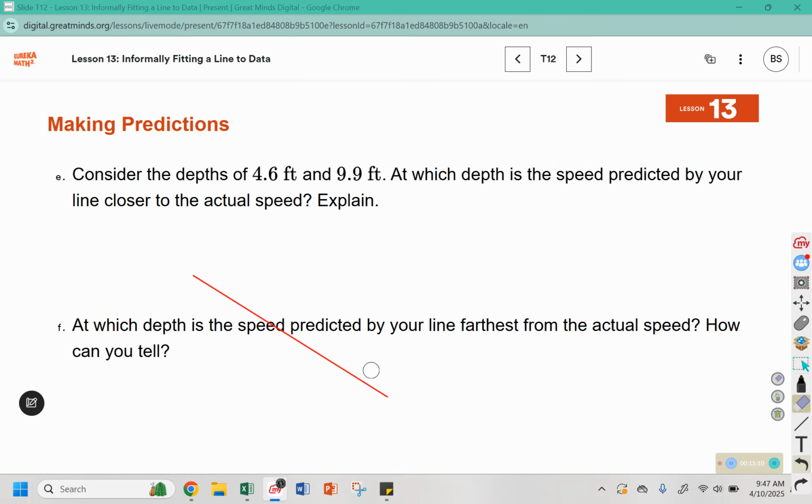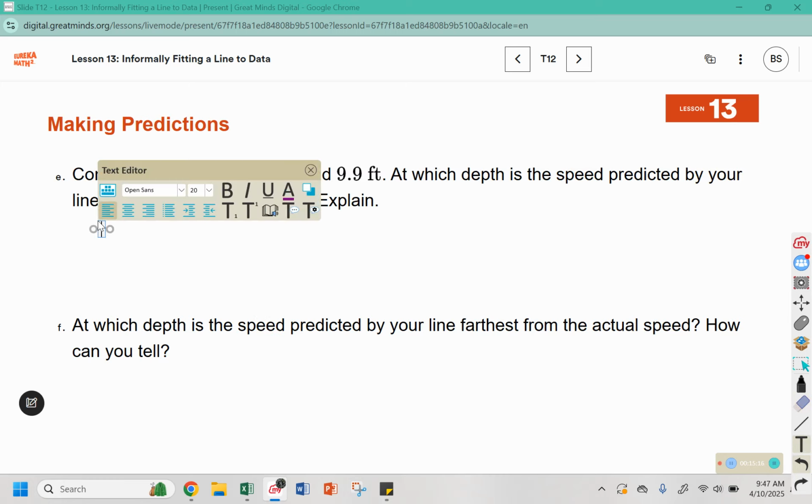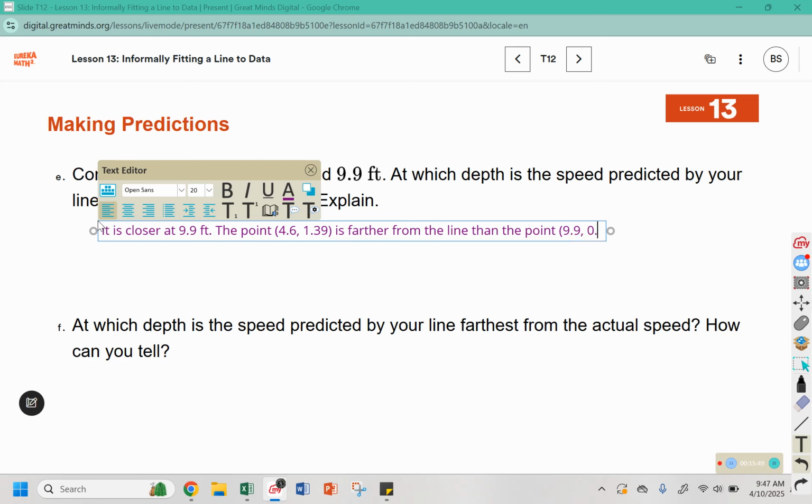It is closer at 9.9 feet. That point from the table was 4.6, 1.39, is farther from the line than the point 9.9, 0.59.